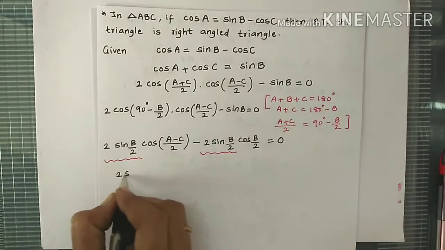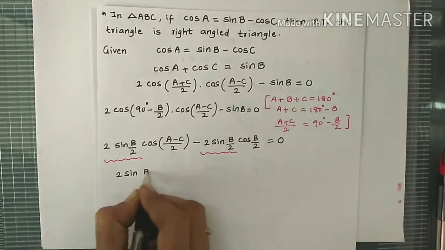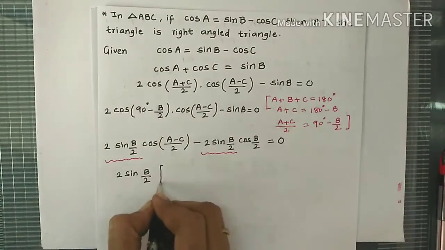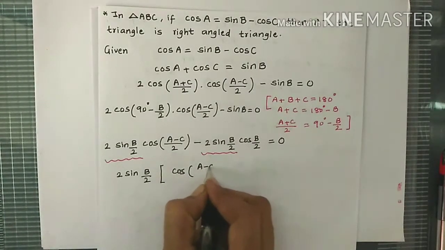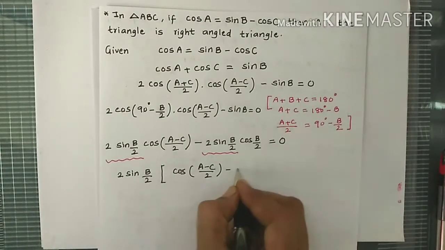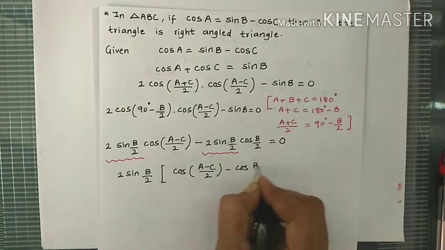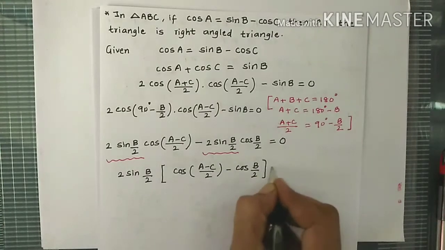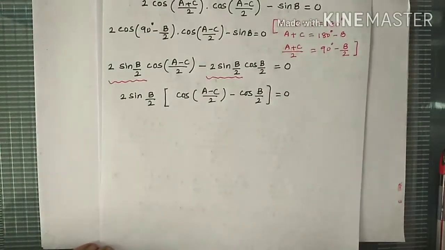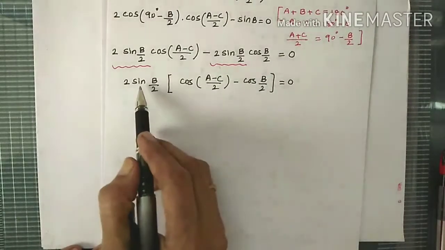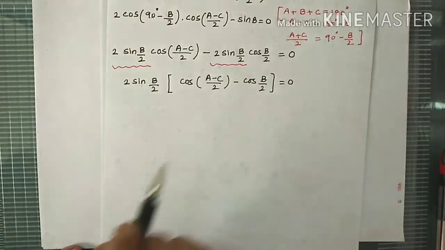So taking 2 sin B by 2 common, we get cos of (A minus C) by 2 minus cos of B by 2 equal to 0. Now the product of two terms is 0, so either of the terms is 0. So either sin B by 2 is 0 or this bracket is 0.